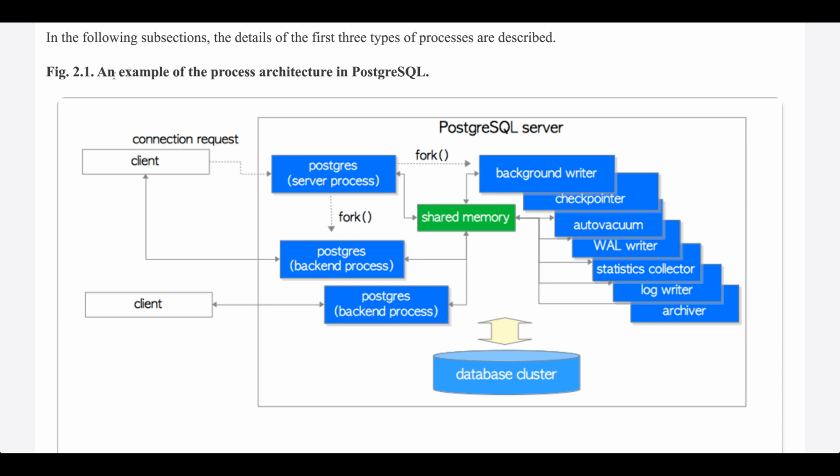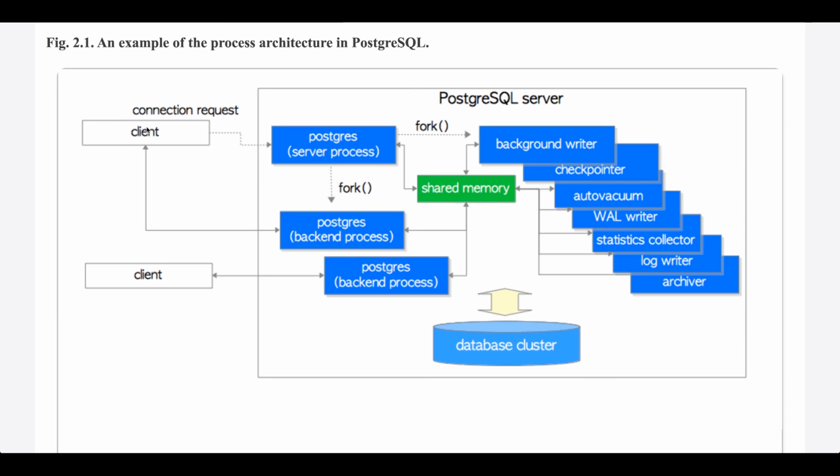See figure 2.1, an example of the process architecture in Postgres. We have a client, and we have this Postgres server process, a couple forks, shared memory, database cluster, a whole bunch of subprocesses.